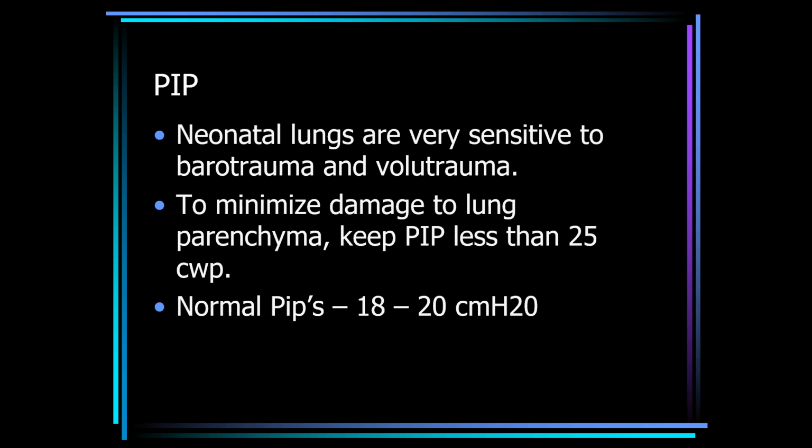For peak pressure, it says neonatal lungs are very sensitive to barotrauma and volutrauma. To minimize damage to lung parenchyma, keep the peak pressures less than 25 centimeters of water, and then ideally 18 to 20 centimeters of water. So this is including PEEP. So if you have a PEEP of 5 centimeters of water, what should your inspiratory pressures be?